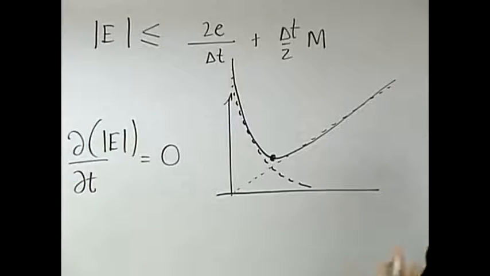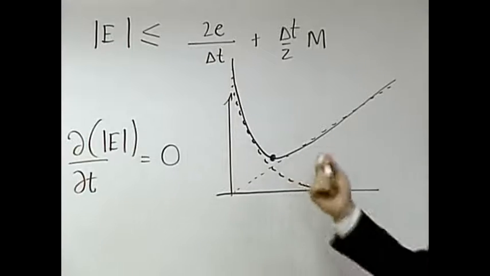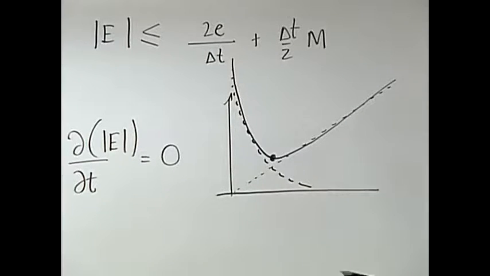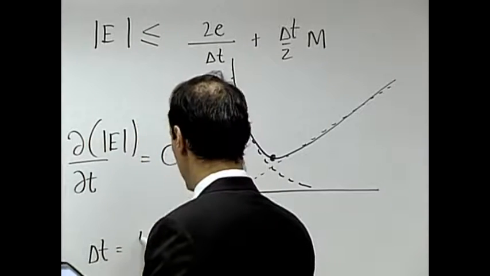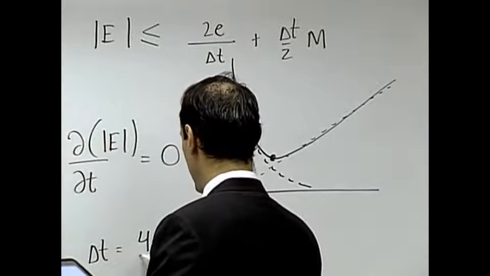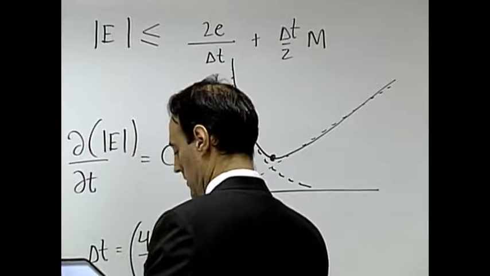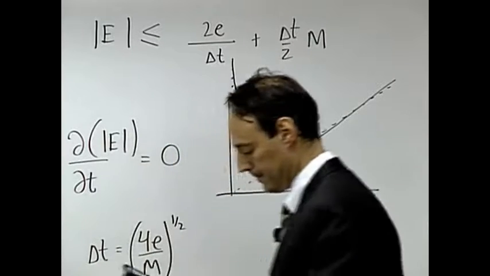You can make as big an error as you want. No upper bound. Okay? It is a lot like life. No upper bound, but there is a minimum error you can make. There it is. You do that, and then you get a formula out that says delta t is equal to 4 times round off over m to the 1/2.